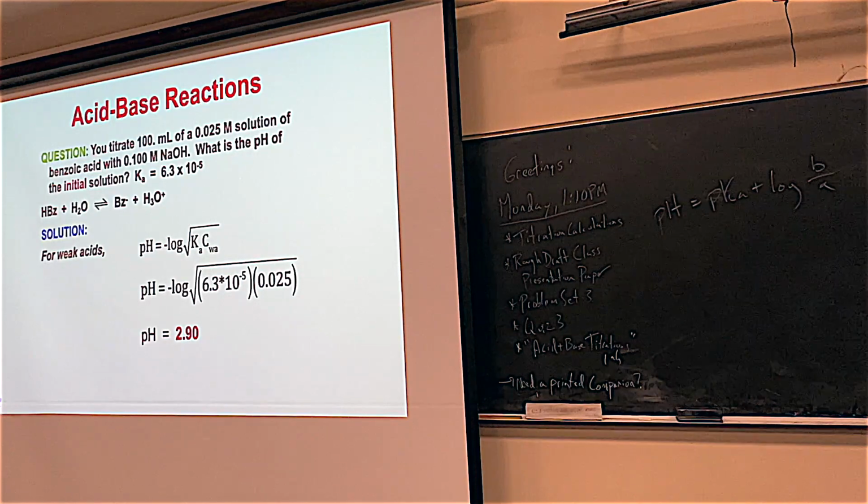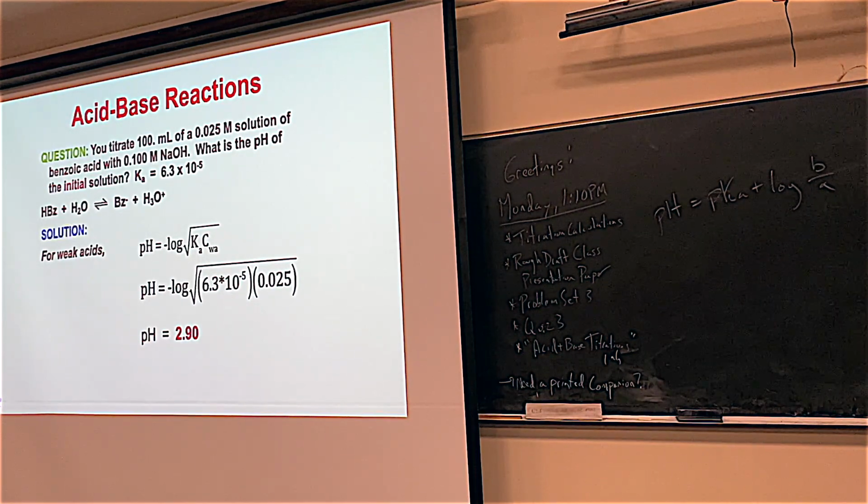I'm writing it Cwa here because it's a weak acid. So literally Ka, literally Ca, plug all that together, 2.90. Check yourself. It's a weak acid, it should be acidic. If you calculated a pH of 10 or something greater than 7, look at it again. No problems here.